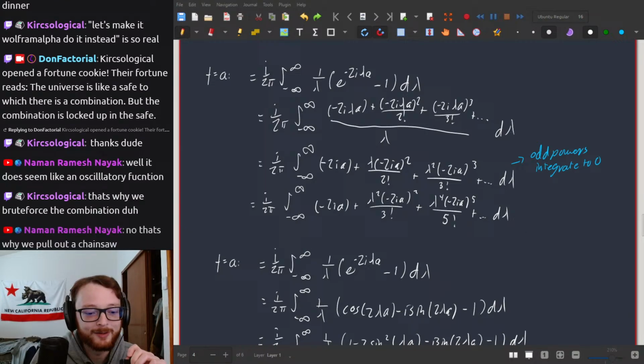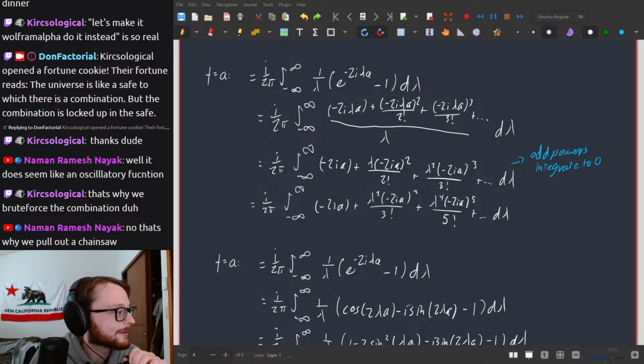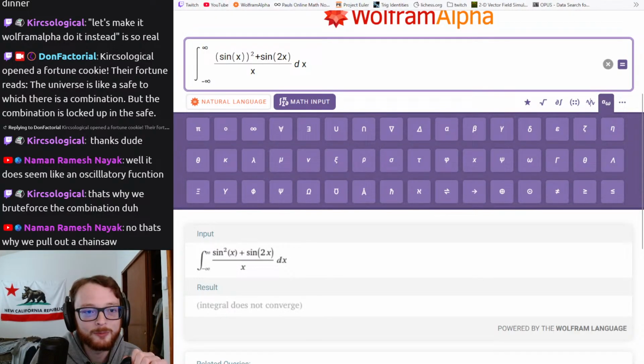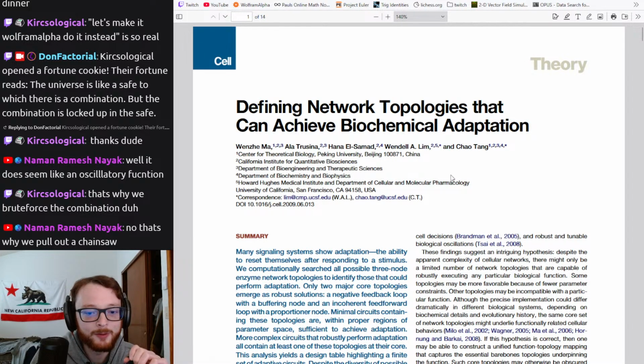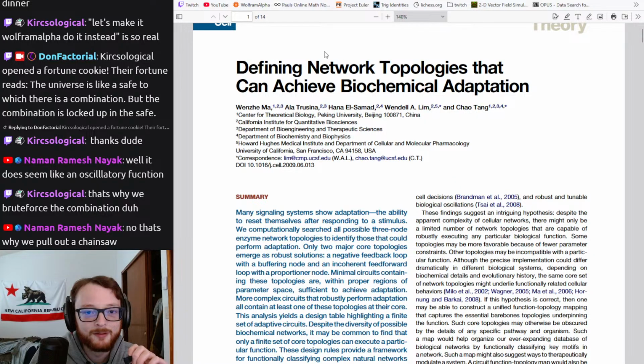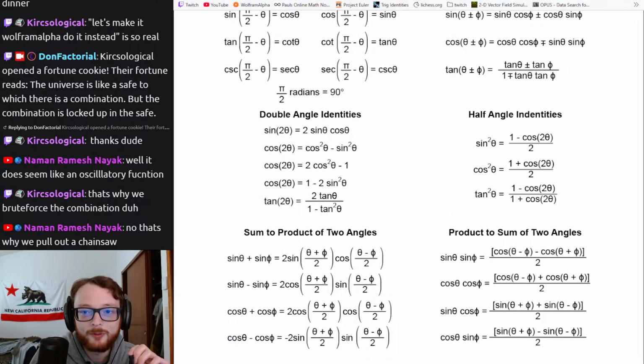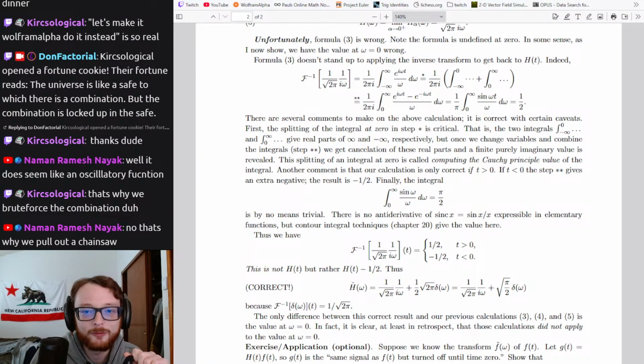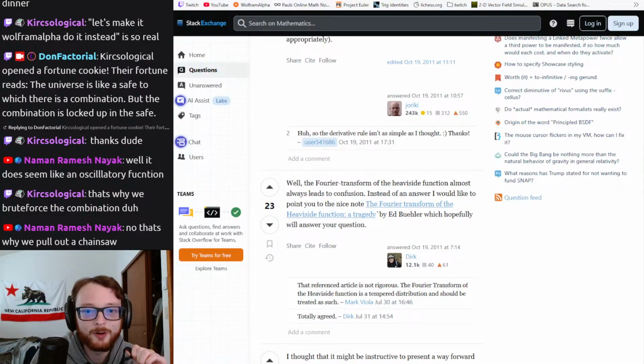So I pull out a chainsaw. Okay, you know what? I'm just gonna start reading the biology paper. I'm getting kind of done with doing this stupid tiny part.